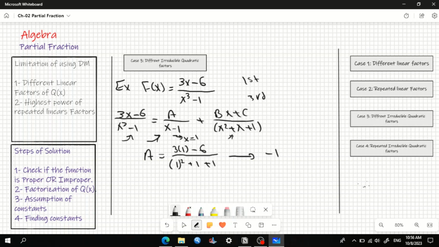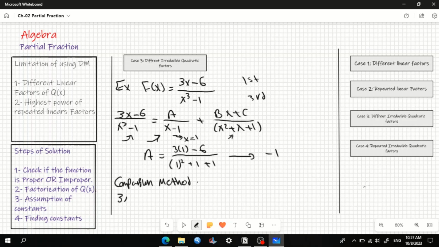Okay, and for b and c we use the comparison method. Just multiply by the common denominator here.